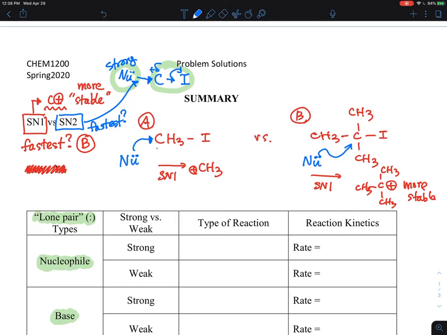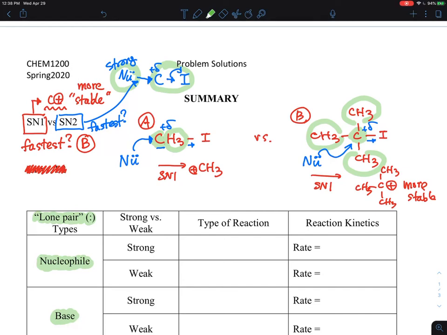This carbon is partially positive because of the electronegativity of the iodine, which is a leaving group. But in this one, hydrogens are surrounding the carbon, whereas this carbon that is supposed to make a bond with the nucleophile is surrounded by the bulky CH3, right?